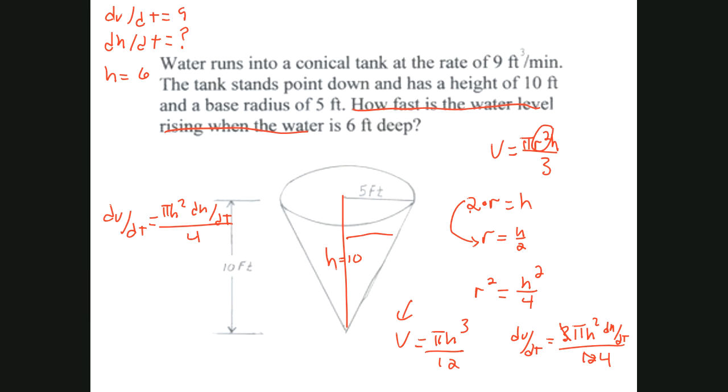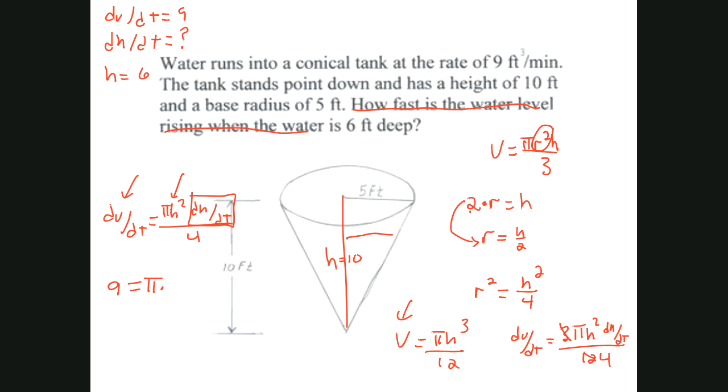What am I looking for? I'm looking for dh/dt. What do I have? Well, I have h. I also have dV/dt. dV/dt is 9, is equal to pi times 6 squared. Why 6? Because they told me how fast the water level is rising when h is 6 feet.